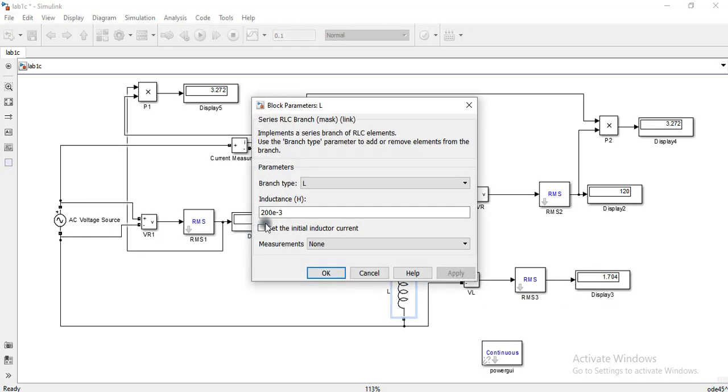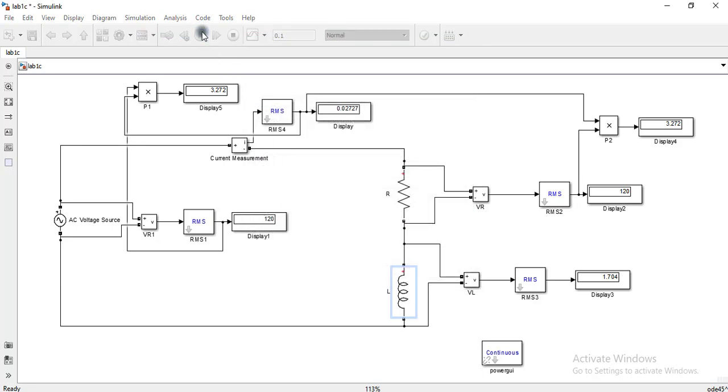Let's increase the inductance value more, to 2000 millihenry, which means 2 henry. Run it again. Now you can see a significant change in the voltage drop. Now 16.9 or 17 volts are being dropped at this inductance.